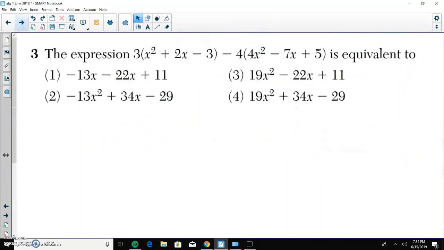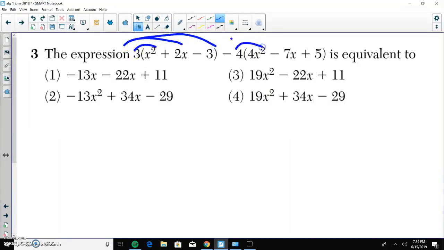Number 3. 3 parentheses x squared plus 2x minus 3 minus 4 parentheses 4x squared minus 7x plus 5 is equivalent to... Okay, so the first thing you're going to do is distribute. And don't forget to distribute the negative too. So you're doing negative 4 times this whole thing.